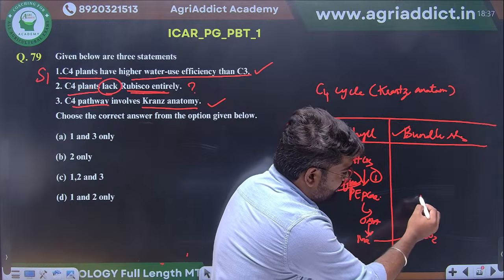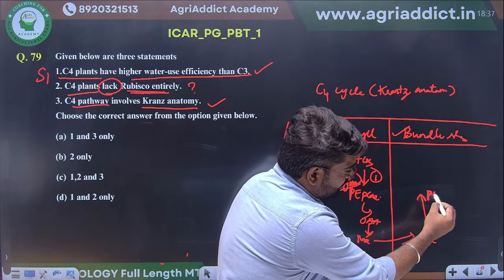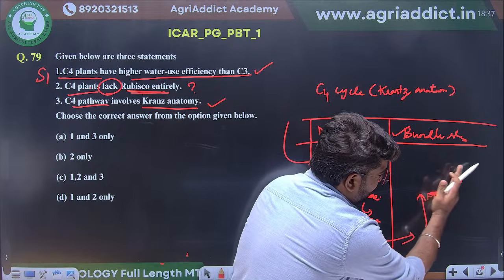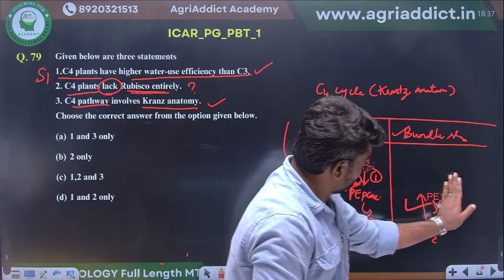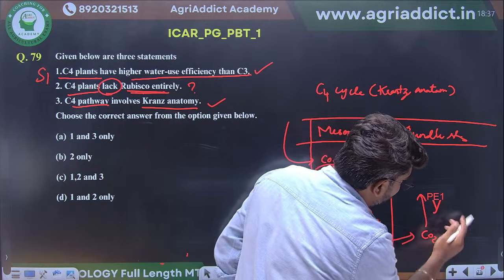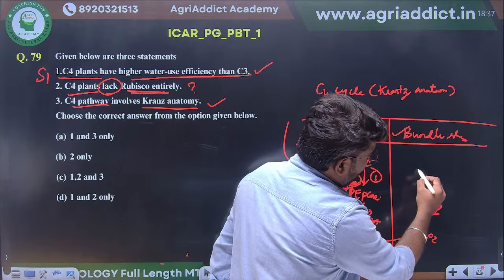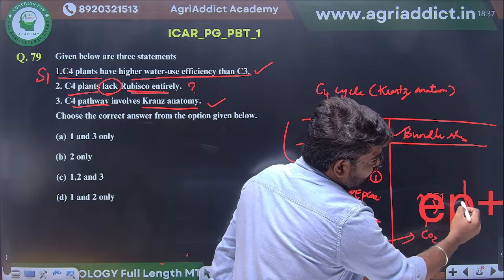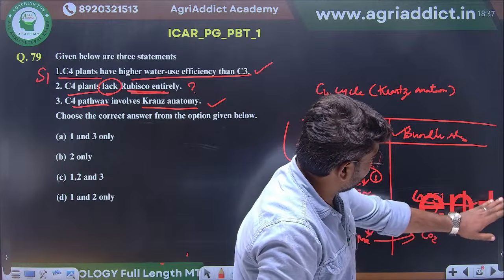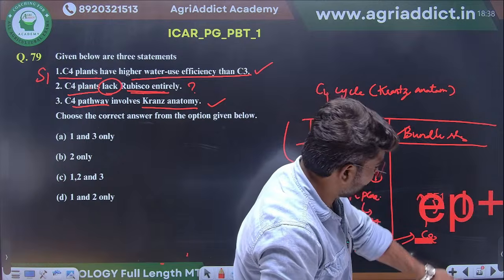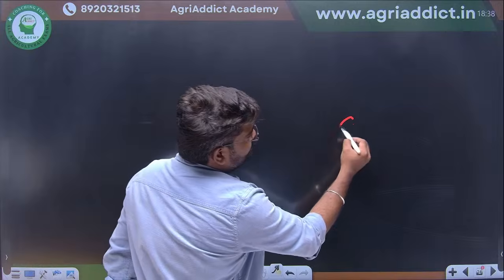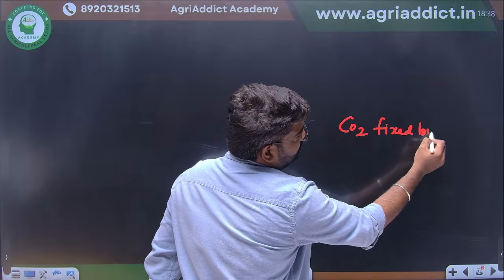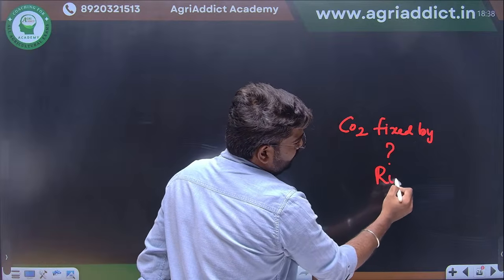The malate will be converted into pyruvate and CO2. Phosphoenol pyruvate and CO2. This released CO2 will be fixed by which enzyme? Rubisco only it will do there.